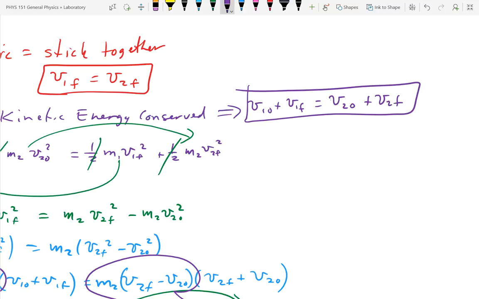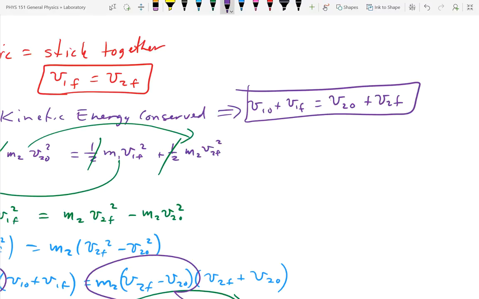That's the net equation we get at the end if we had an elastic collision. The speed before and after for car 1 is equal to the speed before and after for car 2, which is a really kind of surprising outcome, I think.